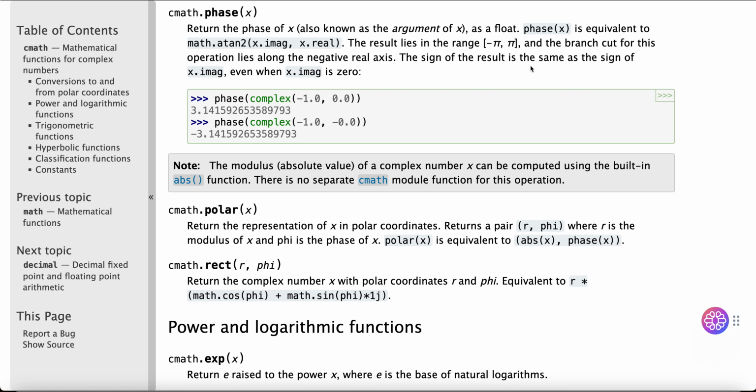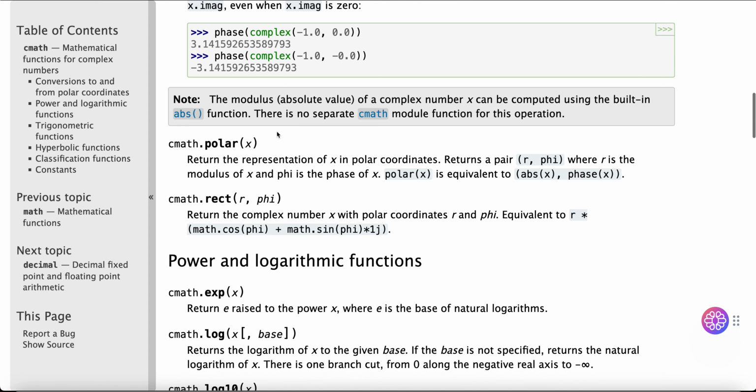The sign of the result is the same as the sign of x.imag, even when x.imag is 0. phase(complex(-1.0, 0.0)) gives 3.141592653589793. phase(complex(-1.0, -0.0)) gives -3.141592653589793.